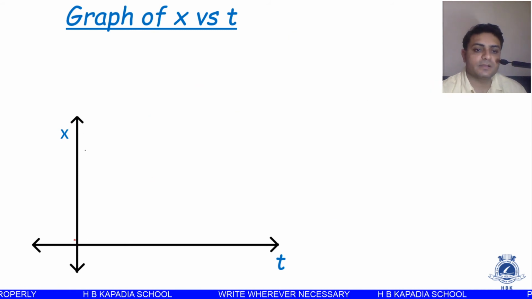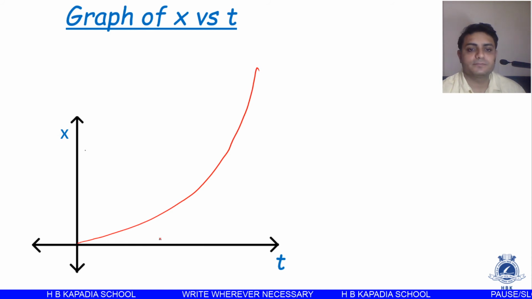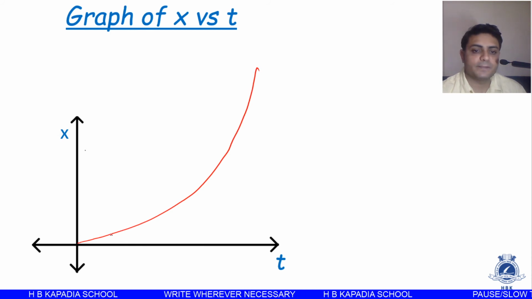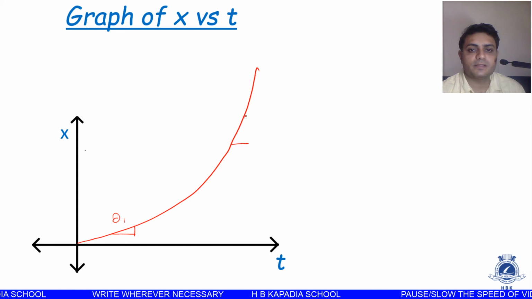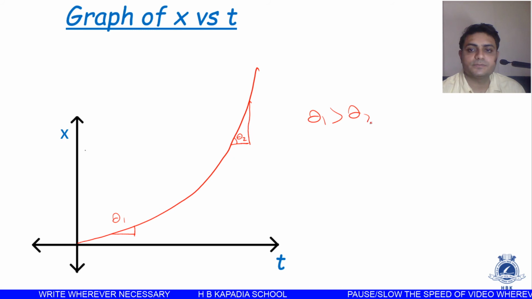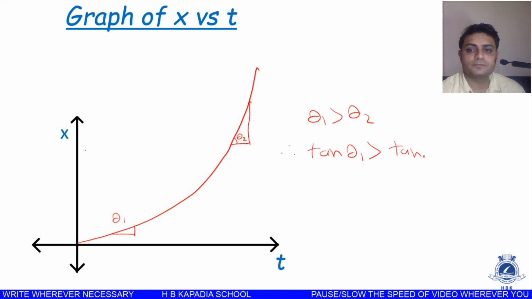Now let's see what happens in case of acceleration. If it is accelerating, then the graph will be like this. Okay, initially the angle is less. If this angle is suppose theta 1, over here this angle is theta 1, and if at this point the angle is theta 2, then of course we can say theta 1 is greater than theta 2. So therefore tan theta 1 will be greater than tan theta 2.